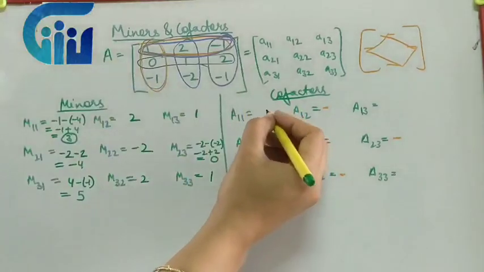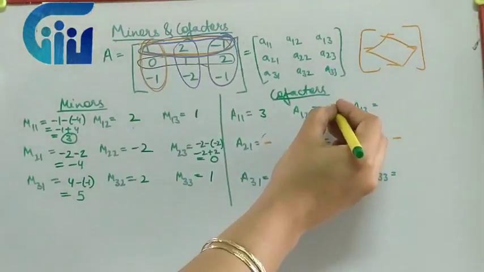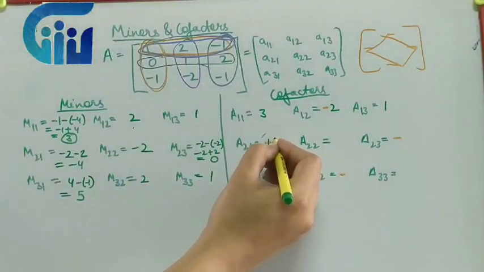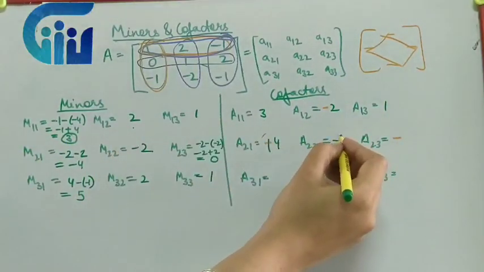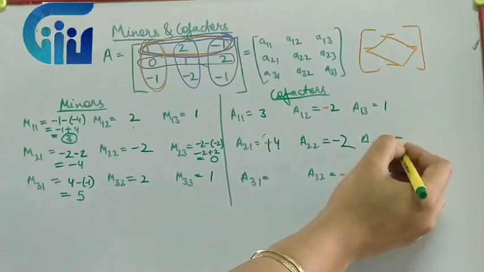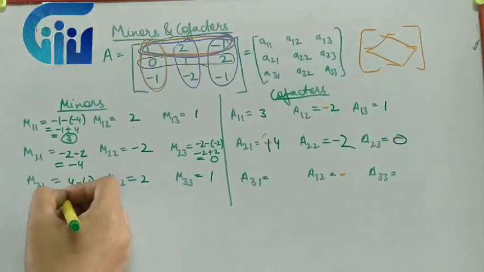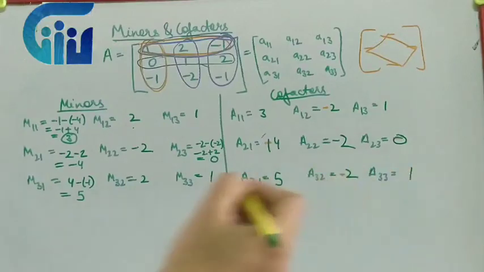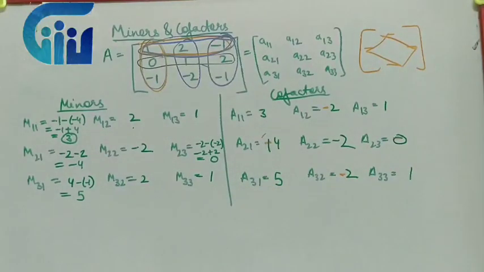So this will be as it is 3, this is 2 over here, so this will be minus 2, this is 1, this is minus 4 here, so this will be plus 4, this is as it is minus 2, this is 0 here, so no sign will be applicable, this is 5, this is 2 here, so minus 2, and this is 1. So what is the cofactor? If I take into consideration the sign of the place and keep the value of the minor as it is, this is my cofactor.